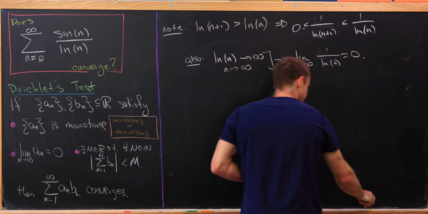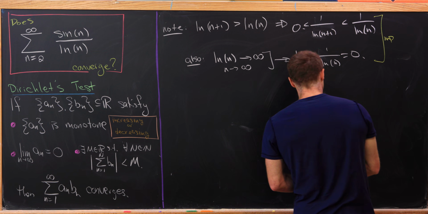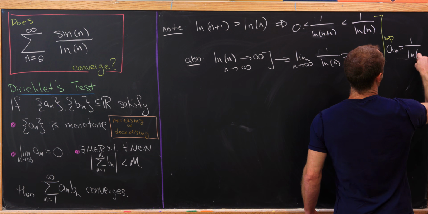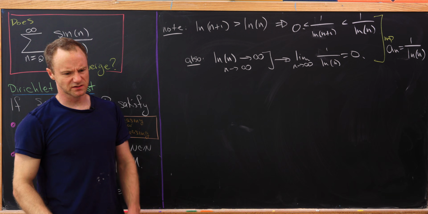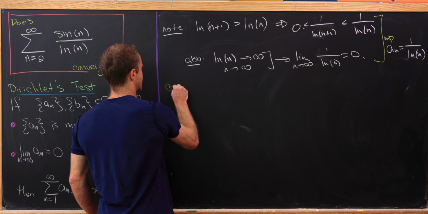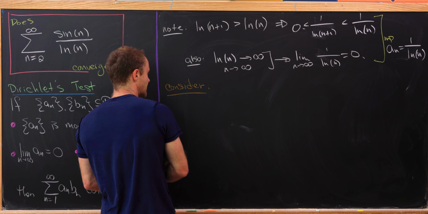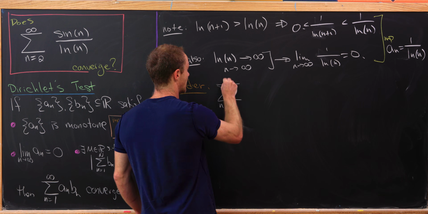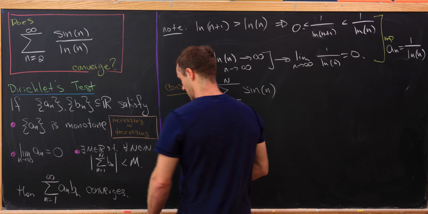So all of this is to say that we can use the natural log of n, or I should say 1 over the natural log of n, as our a_n sequence. Okay, so now let's look at our b_n sequence. So let's maybe write it right here. Let's consider the following thing. And that is the sum as n goes from 2 up to capital N of the sine of n.